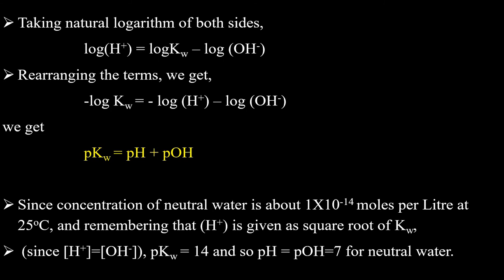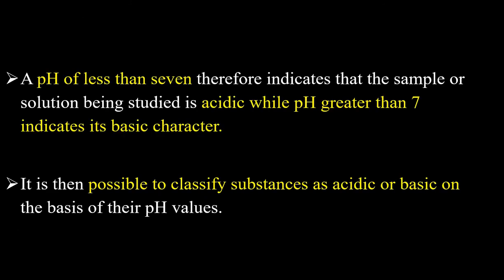Since the ionic product of neutral water is about 1 into 10 raised to minus 14 at a temperature of 25 degrees Celsius, and remembering that H plus, that is proton, is given as the square root of Kw, since H plus is equal to OH minus, pKw is equal to 14, and so pH is equal to pOH is equal to 7, which is for neutral water.